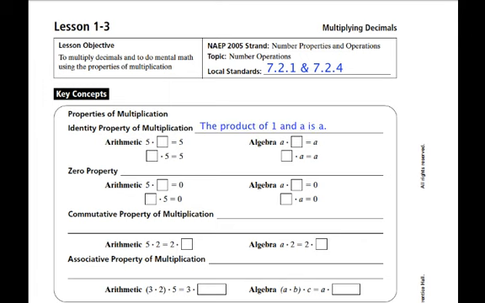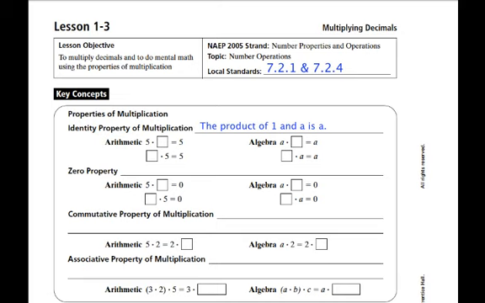The first property of multiplication we're going to look at is the identity property of multiplication. This property states that the product of 1 and A is A. In other words, what do you multiply a number by to get itself? Identity means identical. So what are we going to multiply a number by to get the same number?